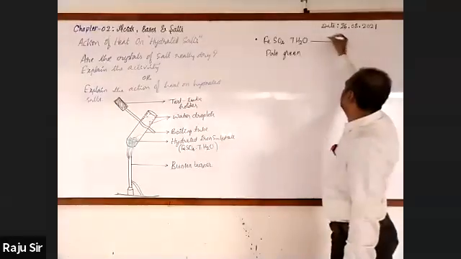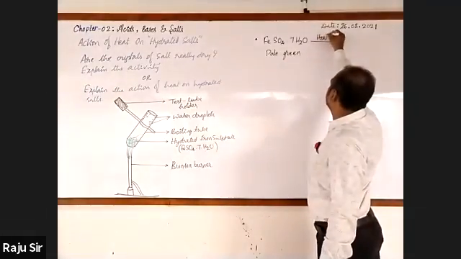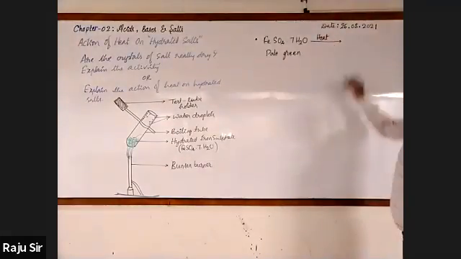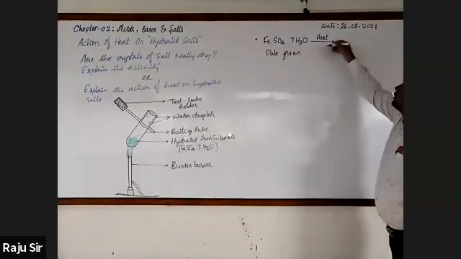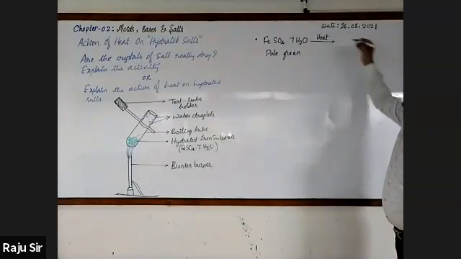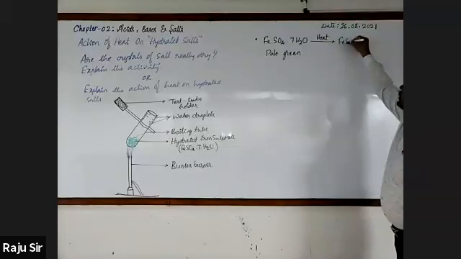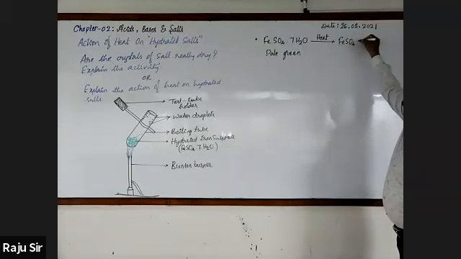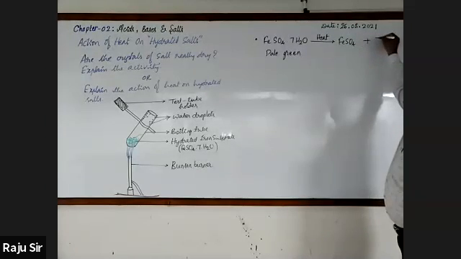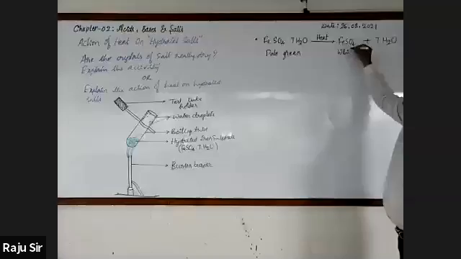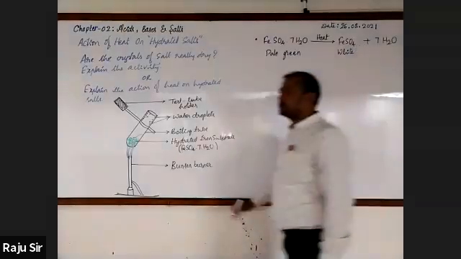Then it should be heated. On heating, it loses all the amount of water and produces the compound called FeSO4. This is white color iron sulfate.